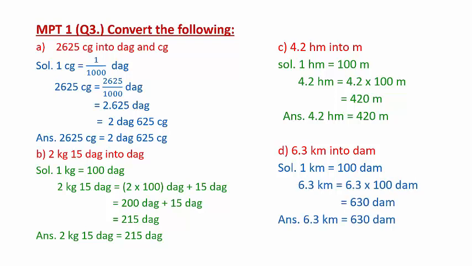So 6.3 kilometer, when we convert it into decameter, we will multiply it by 100. That is 6.3 into 100 decameter. That is equal to 630 decameter. So the answer is 6.3 kilometer equals 630 decameter.